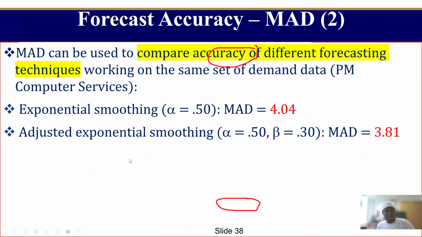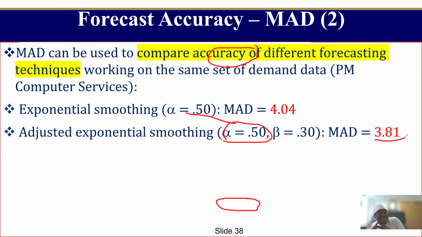I did it for the adjusted exponential smoothing, where I use alpha equals 0.5, the same alpha here, and the beta is 0.3. And when you calculate the mean absolute deviation, you're going to get 3.81.